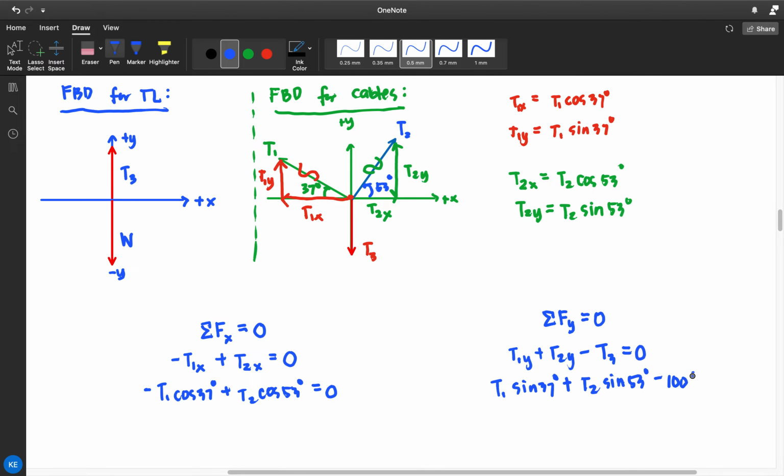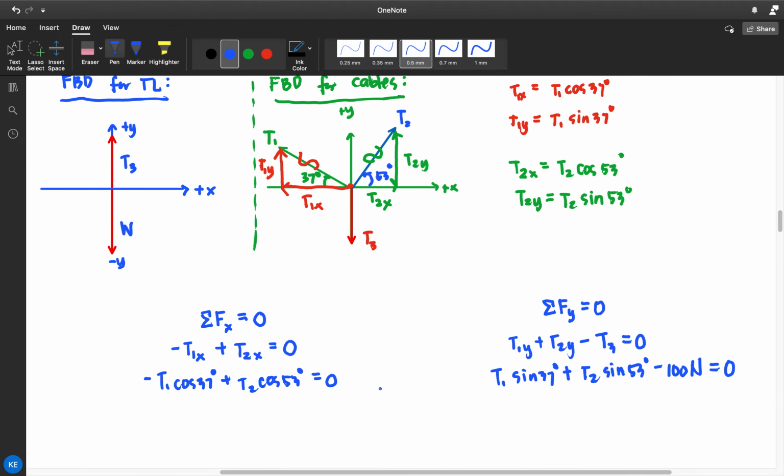So you'll have minus 100 newtons, and then equate to 0. Okay, so you'll have here two equations and two unknowns according to your math in solving systems of equations. So it could either be magamit tag substitution method or elimination method. For this case here, we're going to use substitution method.